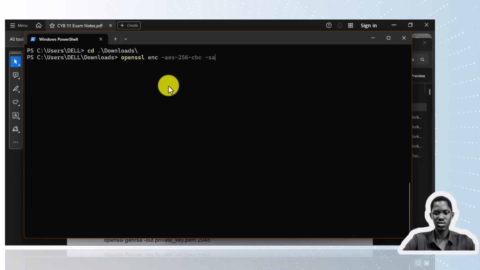Then salt. Salt is what we are going to use to say, okay, we want to encrypt this particular file. So now I'm going to use the password-based key derivation function 2, PBKDF2.